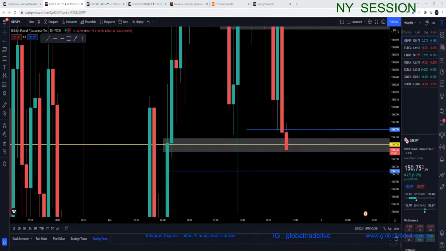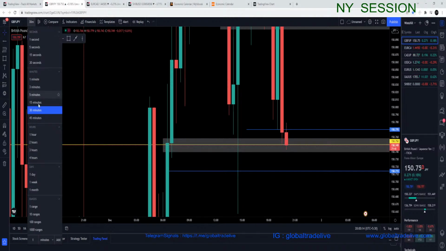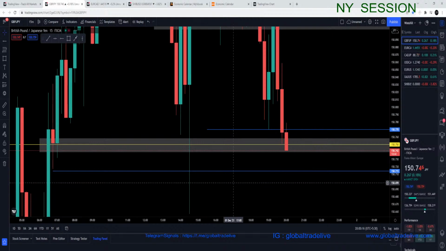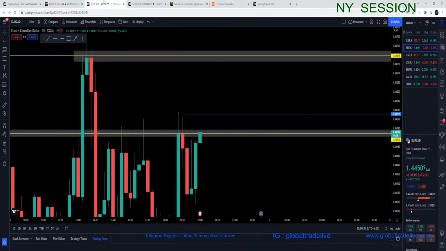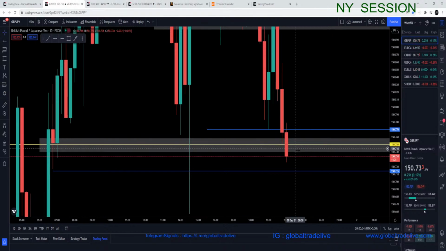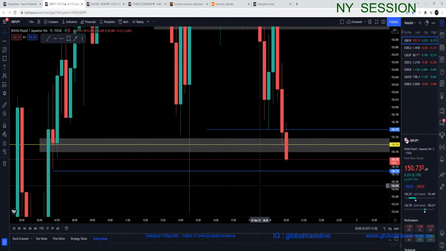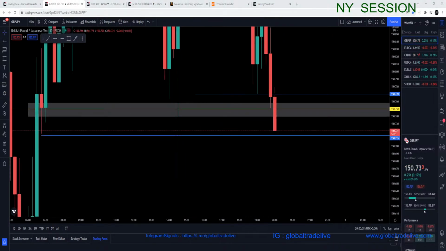Oh, it just broke the low over here. I'm gonna wait because it just broke the low in the first few seconds, so I'm just gonna wait over here. EuroCAD is also moving up, so once this candle breaks this price, I'm gonna execute a sell trade.